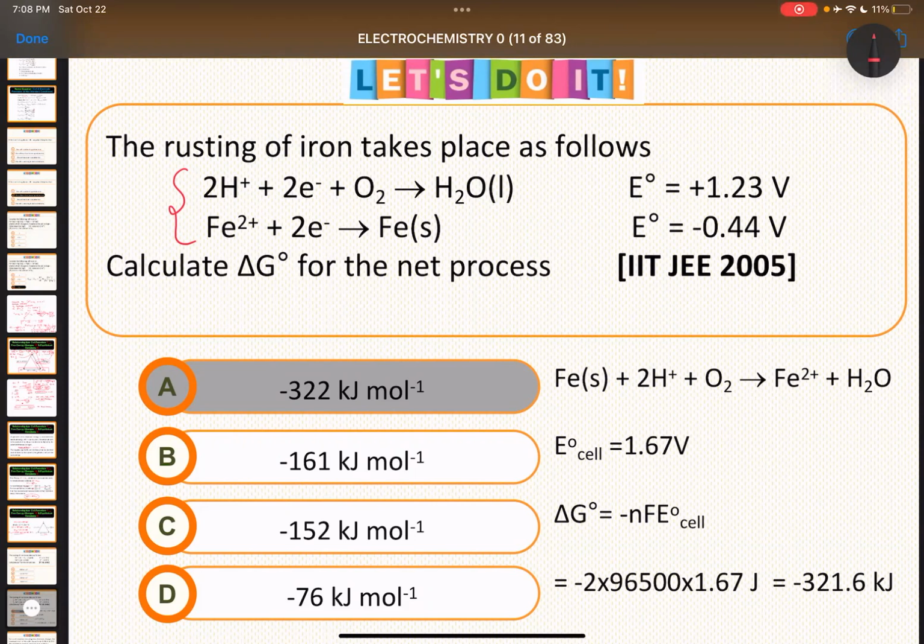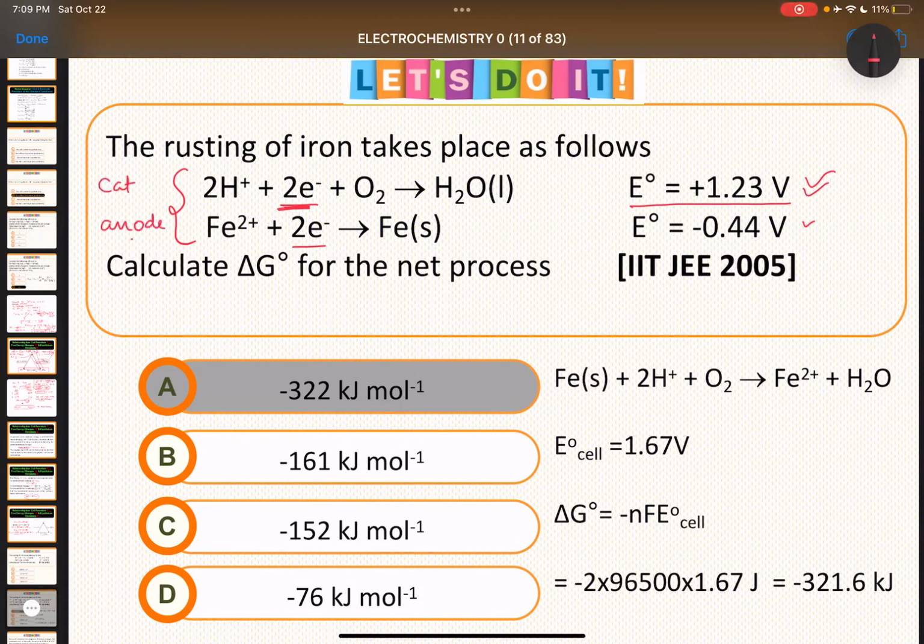Both are shown as reduction potentials. Both are accepting electrons, but who is actually accepting electrons? Is it the H plus or iron? So which is having the higher value of EMF? This is the larger value, this is the smaller value. This is cathode, this is anode.